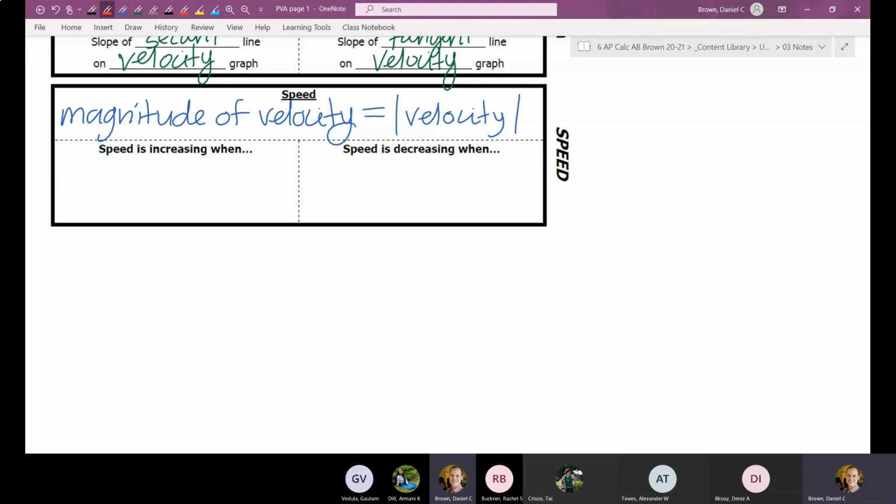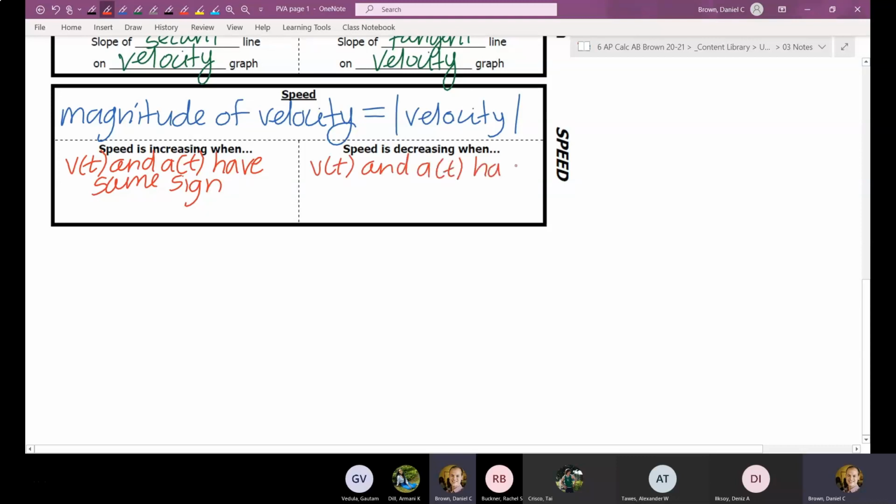We're going to say that the speed is increasing when v of t and a of t have the same sign. The speed is going to be decreasing when v of t and a of t have opposite signs.